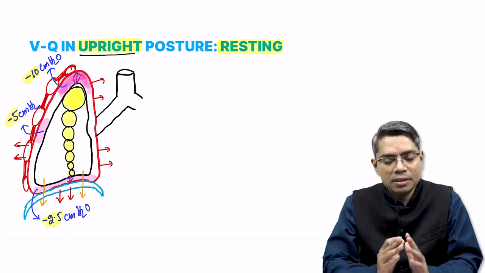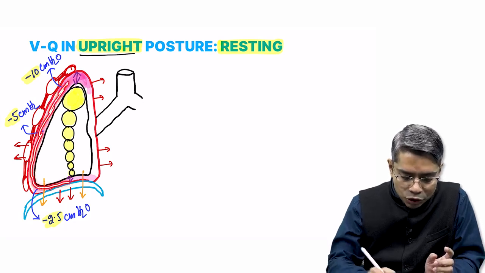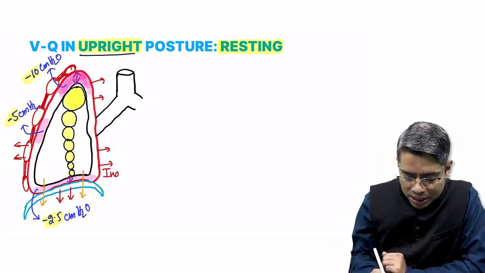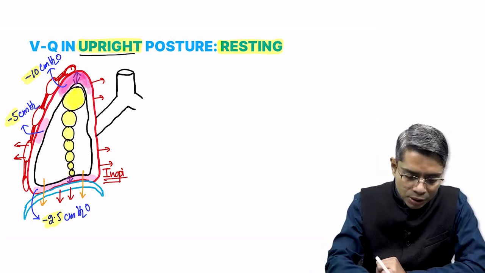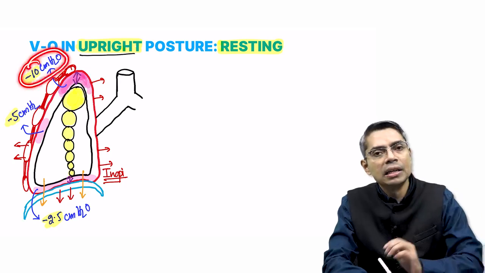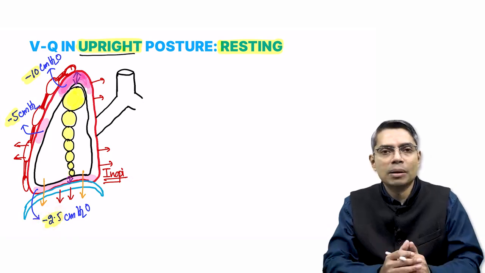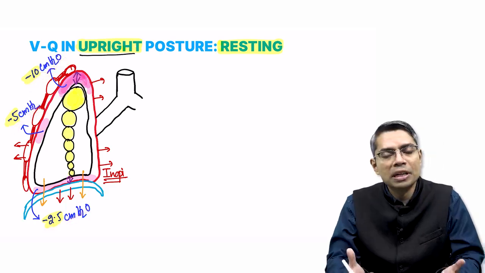Whenever there is expansion of the thoracic cavity, what we have seen is that the interpleural pressure is going to be more negative during inspiration. So the pressure which is minus 10 centimeter here will be more negative, and the pressure which is minus 2.5 will also become more negative. So everywhere the interpleural pressure is going to be more negative.